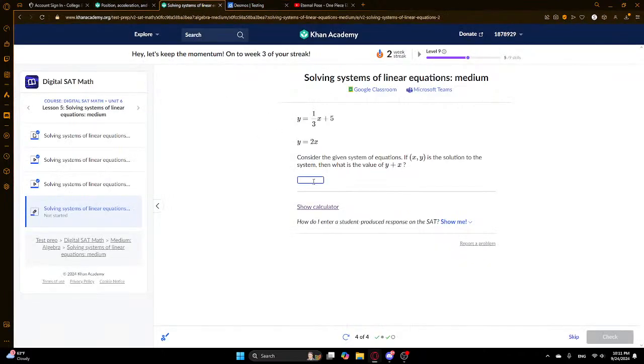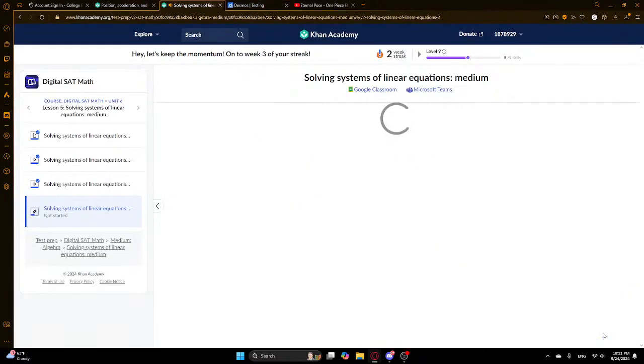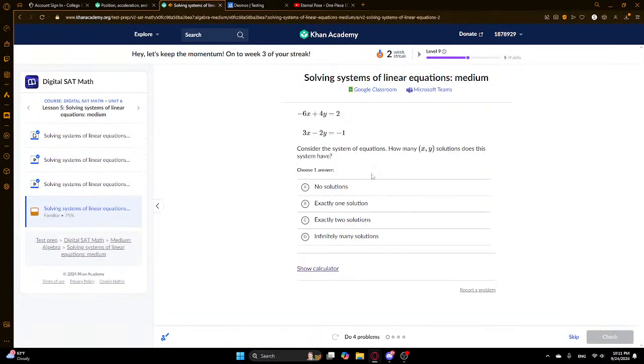Nine. Wait, so 4y equals 6x plus 2, divide by 4, divide by 4, divide by 4.